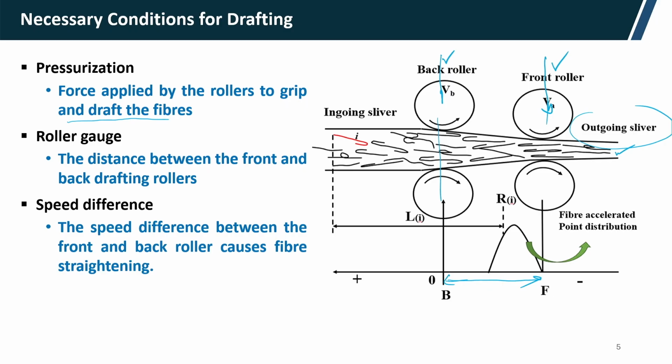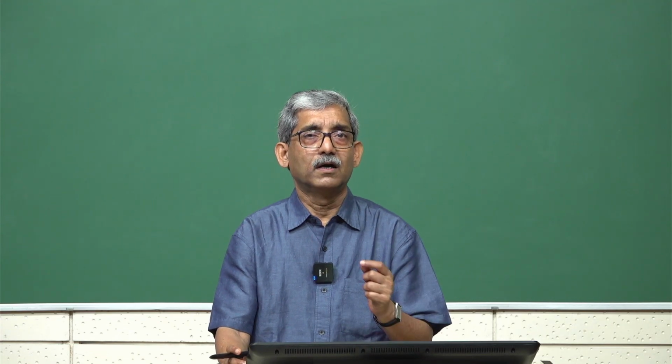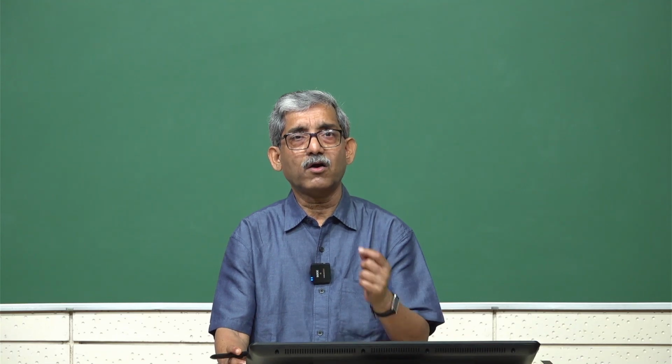The speed difference between the front and back roller causes the fiber straightening. So, fiber straightening takes place during the drafting, when there is a speed difference. If they are moving at the same speed, there will not be any effect on either drafting, stretching or hook removal.